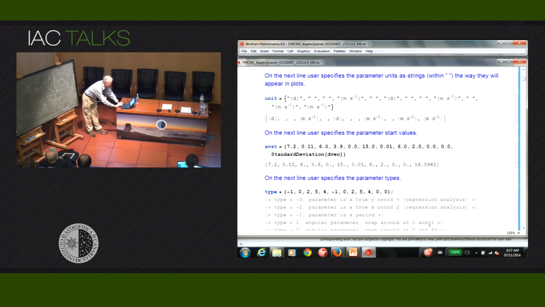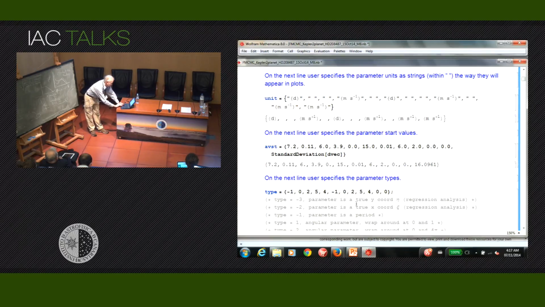And the period parameter I designate as type -1 because usually when we talk about these things, we're talking about periods, but as I explained earlier, we actually want to search in frequency. And so you always have to do a 1 over the frequency when you're making a proposal, because you're making proposals in frequency space. So that's the only reason I have a special type for that one.